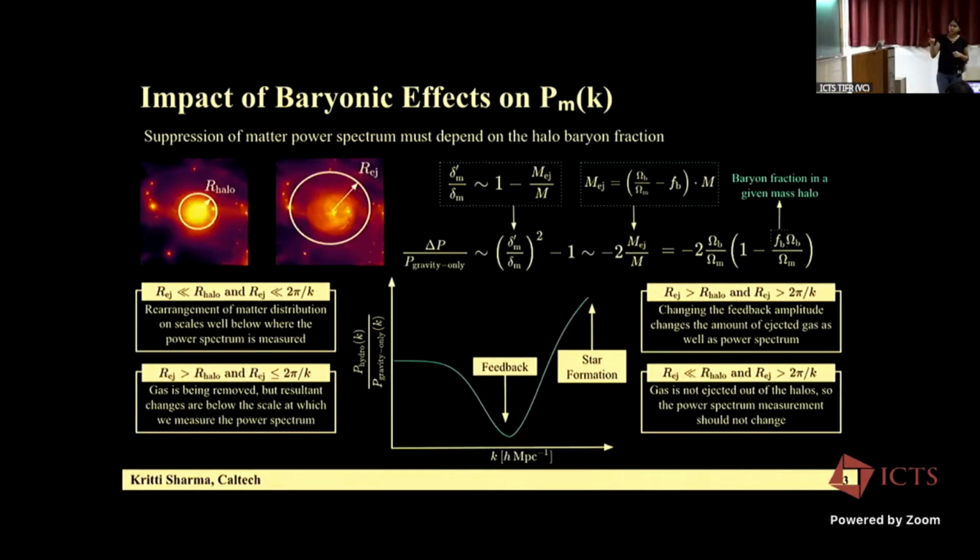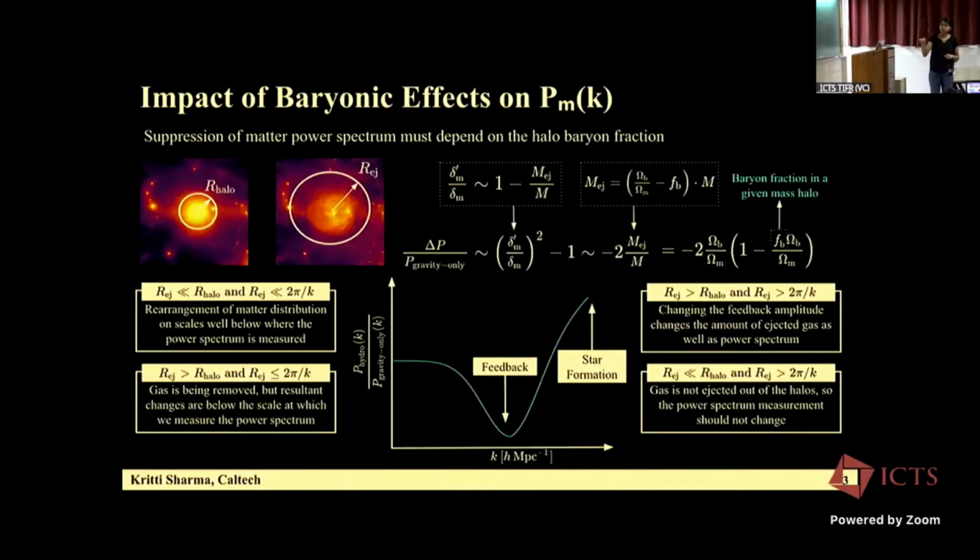But as you move towards smaller scales, feedback kicks in and pushes baryons out to larger radii, and you lose power at these intermediate scales of around 1 to 0.1 megaparsec inverse. Further, as you go to even smaller scales, at some point star formation starts to dominate and the power in the power spectrum increases again.